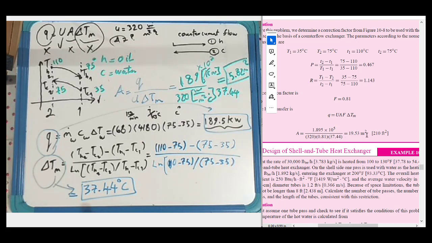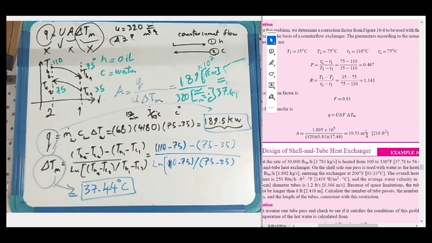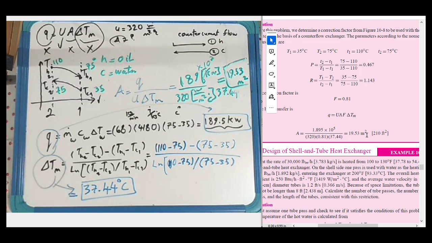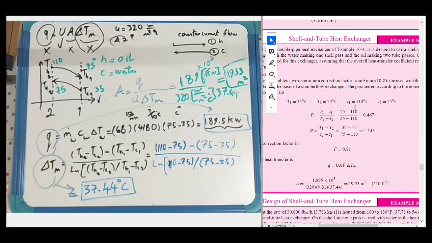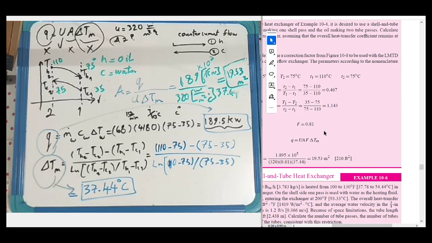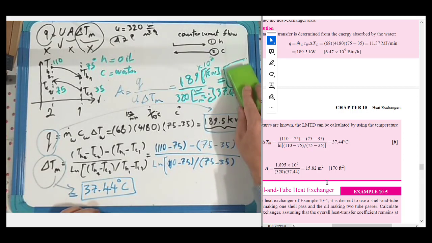Sorry, my answer may be wrong. Let's check another calculation. No, sorry, it was for another example. Yes, it was right.